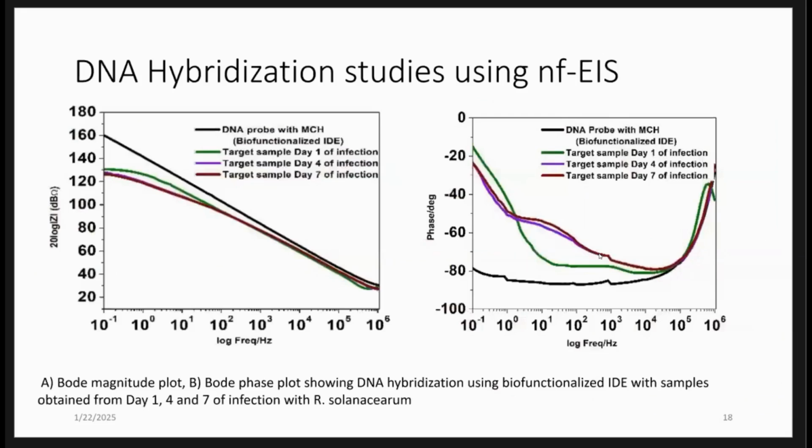I observed a tremendous change in impedance with the samples collected from day 1, day 4, and day 7. With this observation, I can conclude that the proposed biosensor is able to detect the target Ralstonia solanacearum in different parts of the plant even before symptoms appear on the plants.